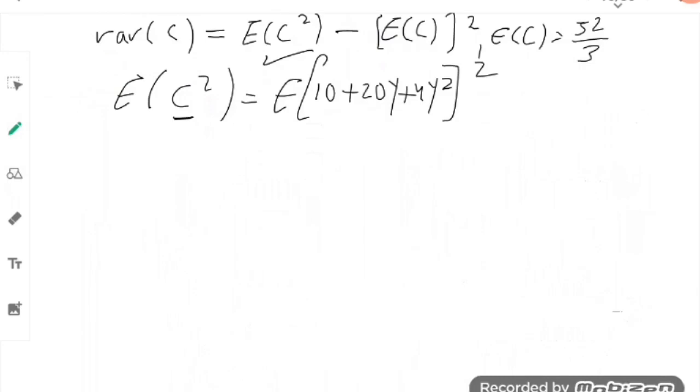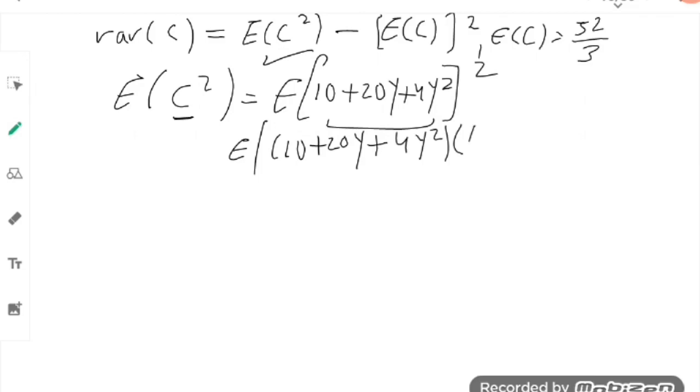And now we need to find this factor, which means the expected value of two brackets, 10 plus 20y plus 4y to the power 2 times the factor itself, 10 plus 20y plus 4y to the power 2.